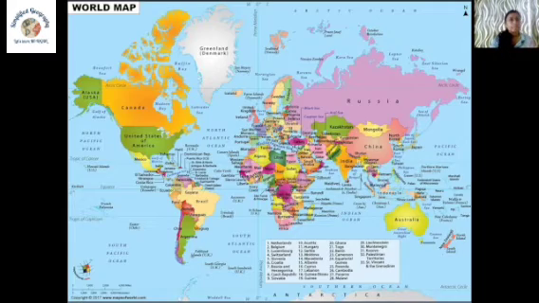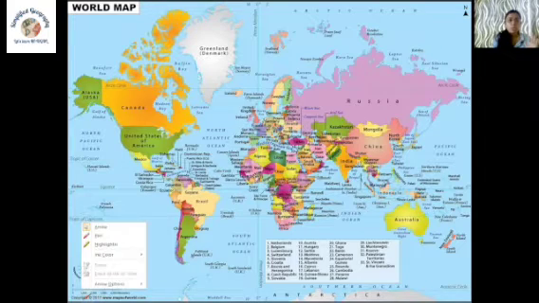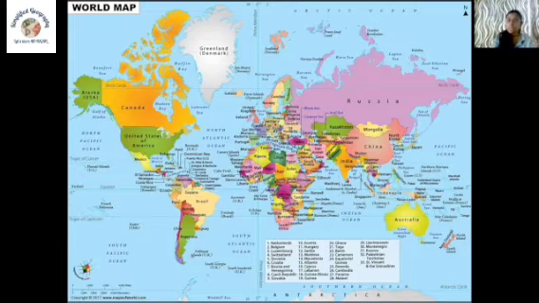So moving on to the next. Now here's the world map we have. Now what to show you? To show you the exact location of India. Now you see the world map given in your atlas book or in your textbook. You will find India is located here in Southeast Asia and in the northern hemisphere. Now see the location.